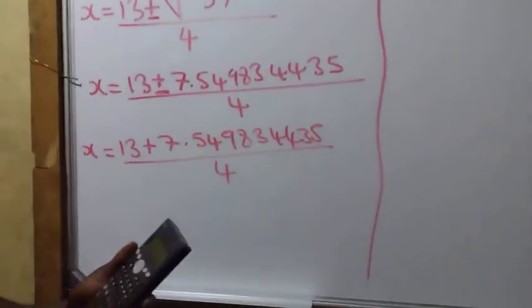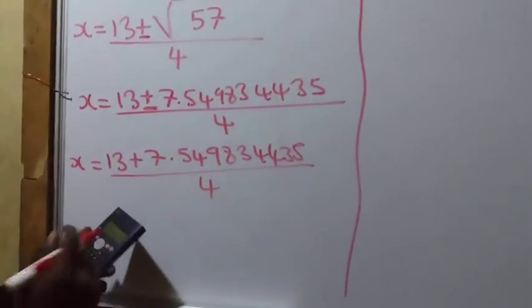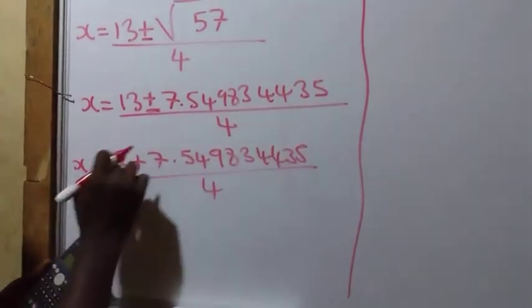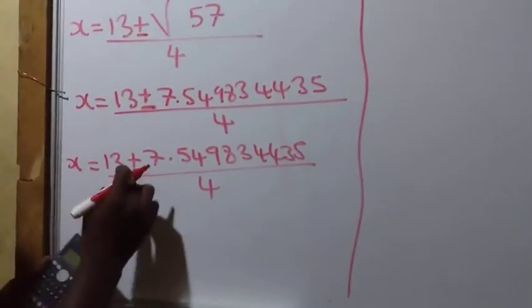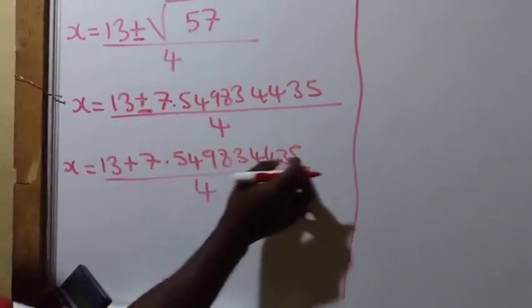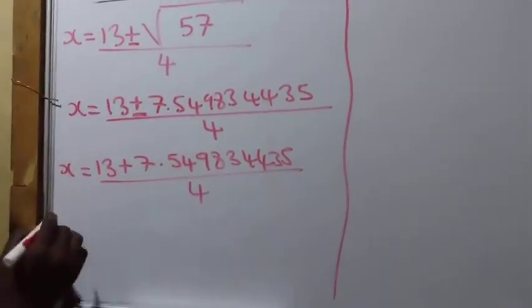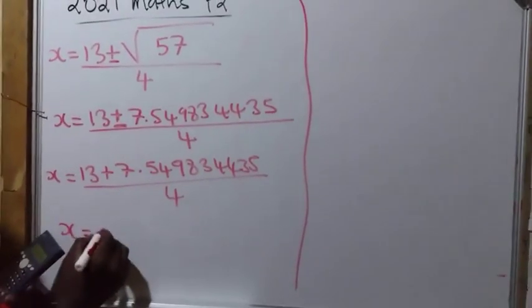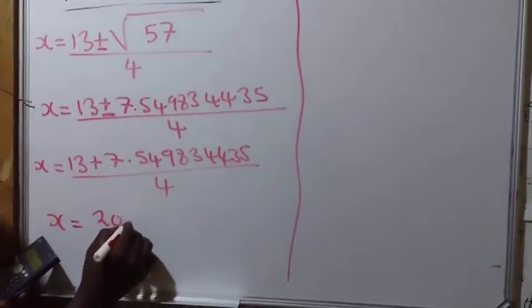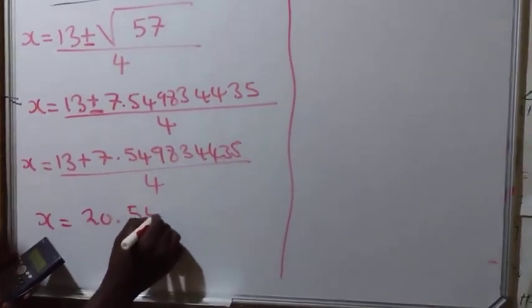All right, so we continue. Now I'm trying to calculate here. This value, we add with this. 13 plus 7.5498, this value. When we add, you are going to get something like this. I hope you have your calculators with you.